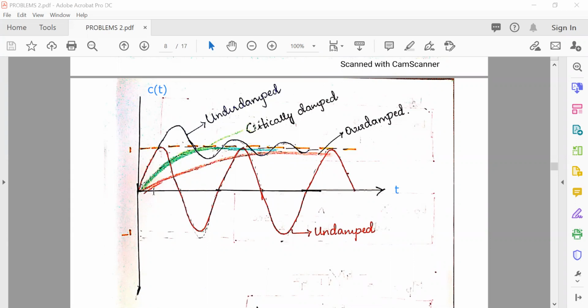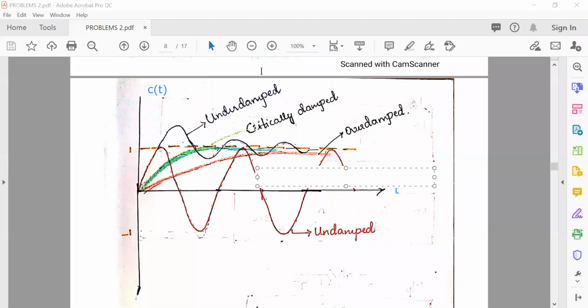For zeta equal to 0, the system will continuously oscillate. It is this one; the system is continuously oscillating. This sine wave, if you see, is for an undamped system.